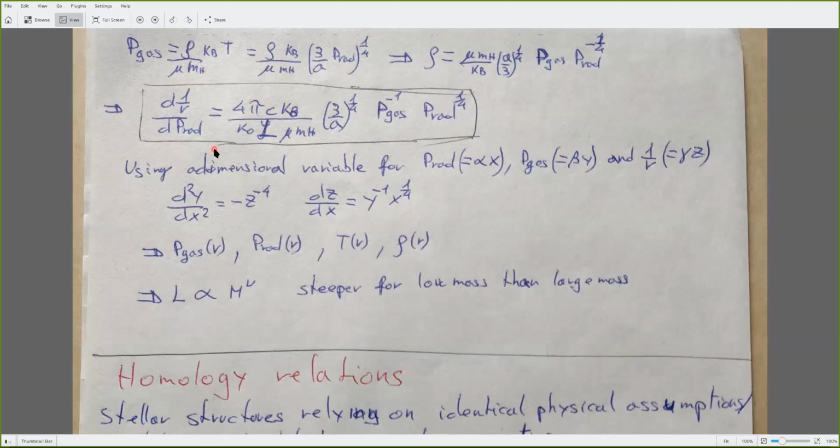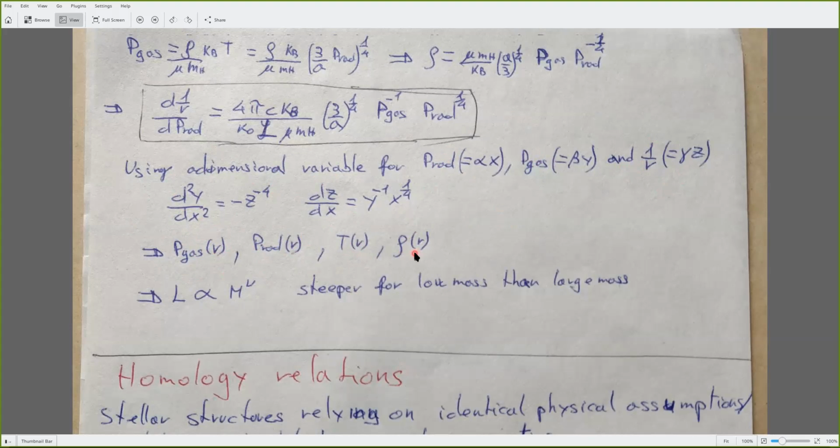Then if you use a dimensionless variable for relative gas pressure and inverse of the radius, you have just this simple equation that is easier to manage. You can calculate the relation of the gas pressure, radiative pressure, temperature, and density with the radius.